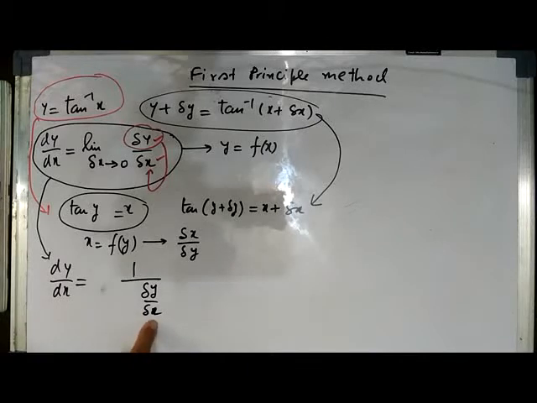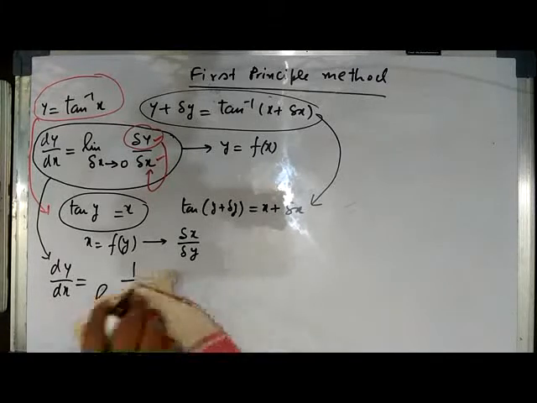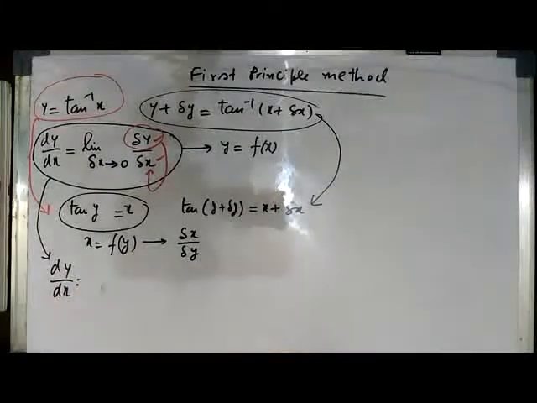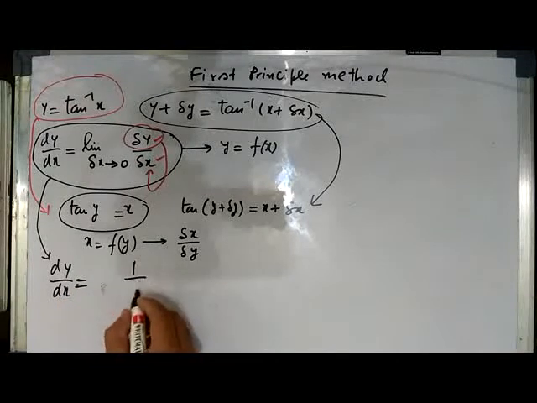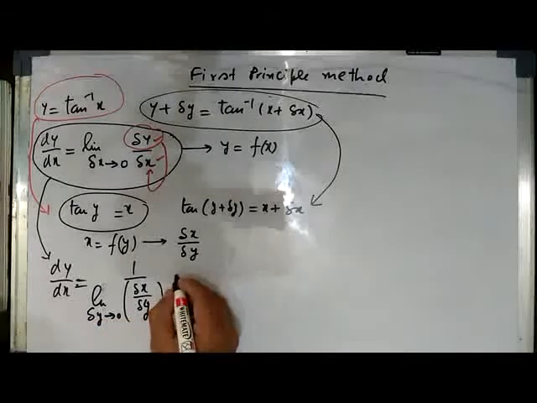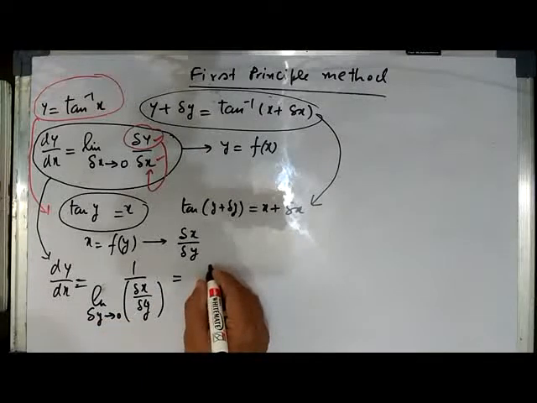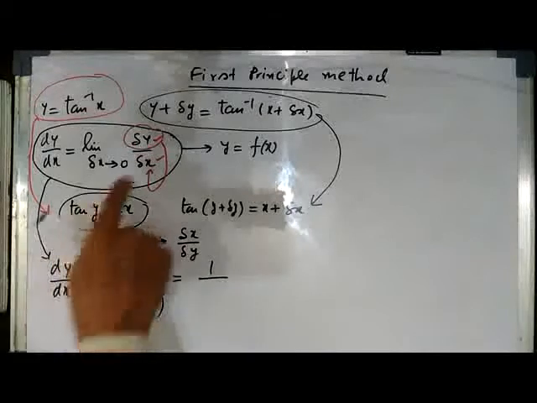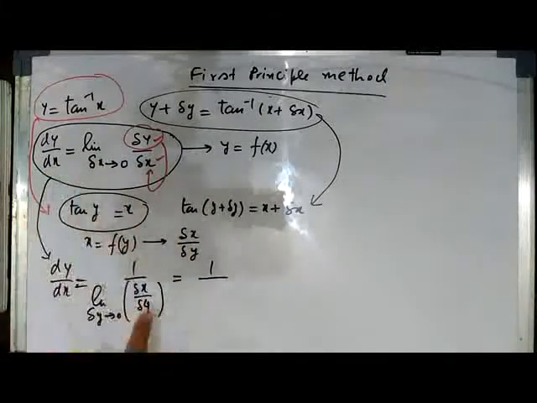Since this time delta x is below, we make it limit of 1 upon delta x upon delta y, and here we write limit delta y tending to 0. Alright, so for this structure we have dy/dx.